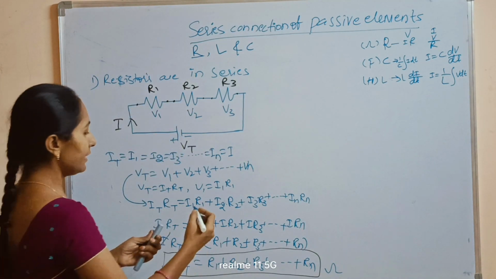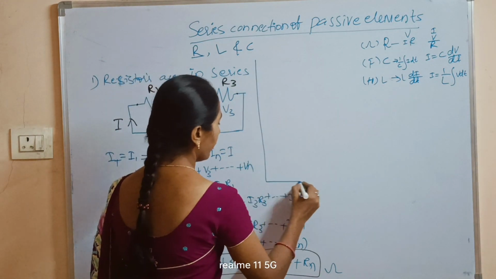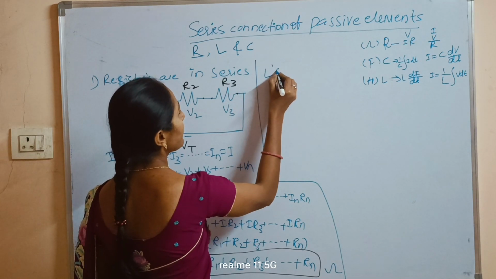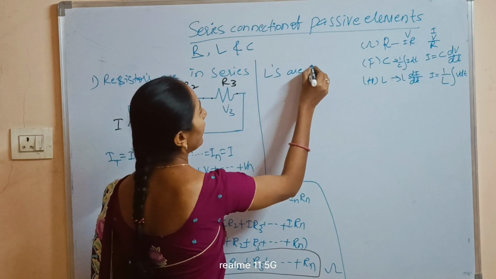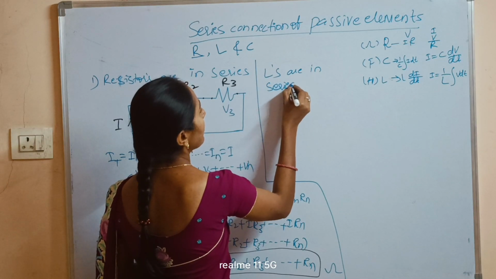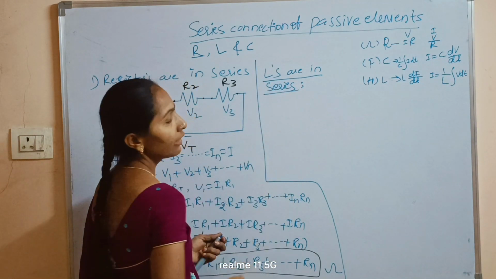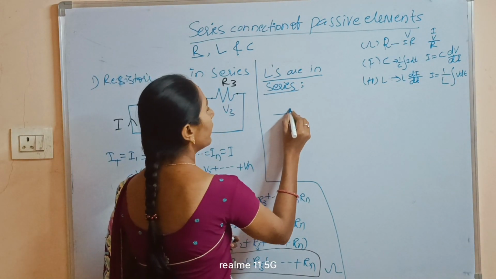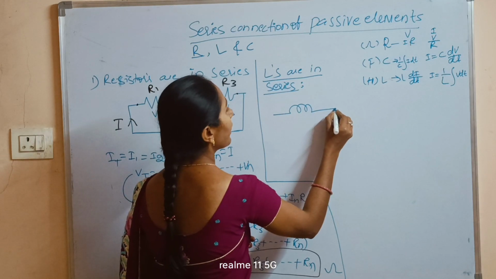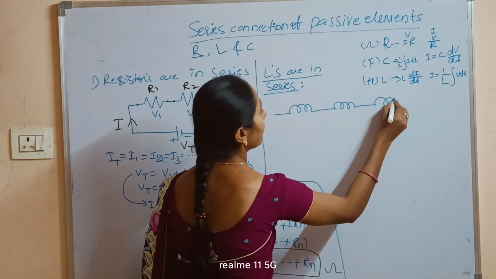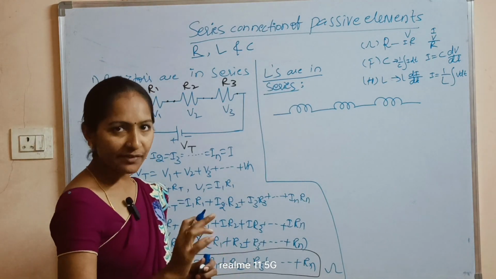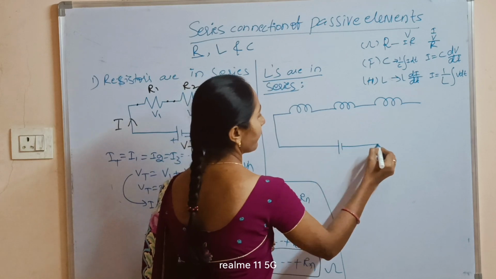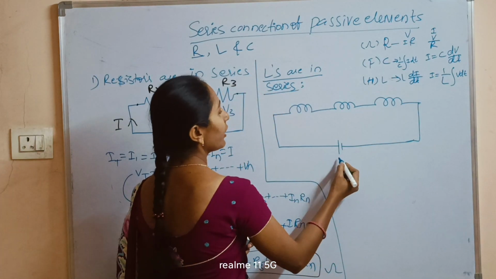So this was resistors in series. Now coming to inductors. Inductors are in series. I am considering three inductors connected in series. Here is the inductor symbol: L1, L2 and L3, that is inductor 1, inductor 2, inductor 3.